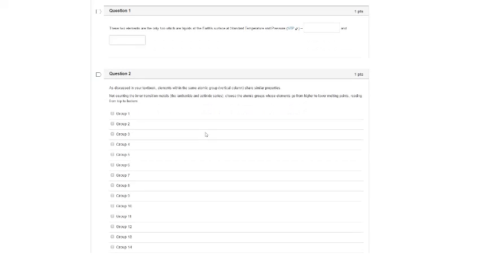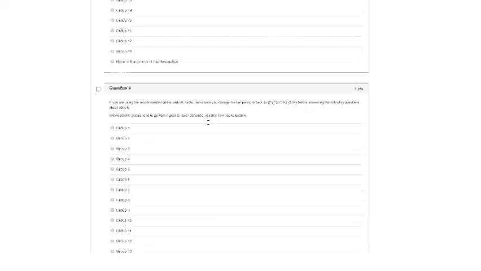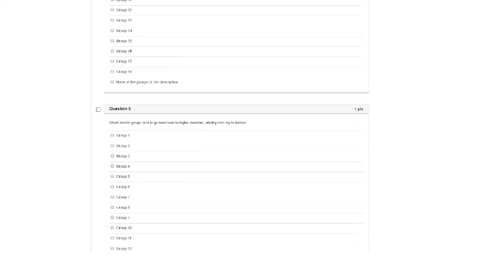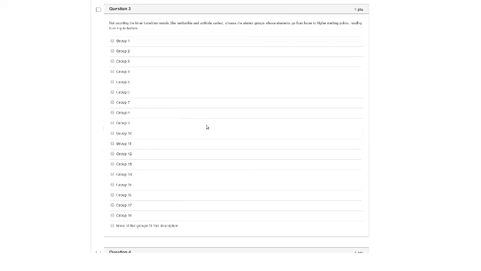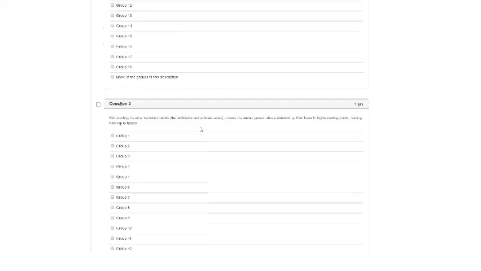Okay, moving on. Questions 2, 3, 4, and 5 just ask you to use the periodic table to determine some different trends in properties.